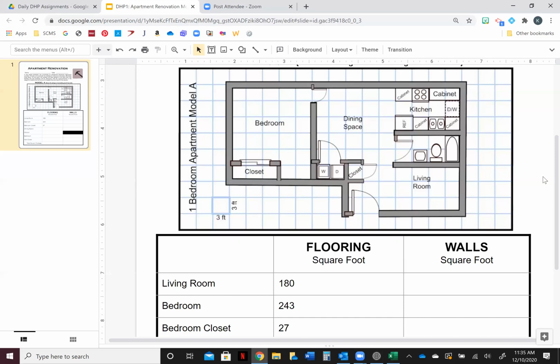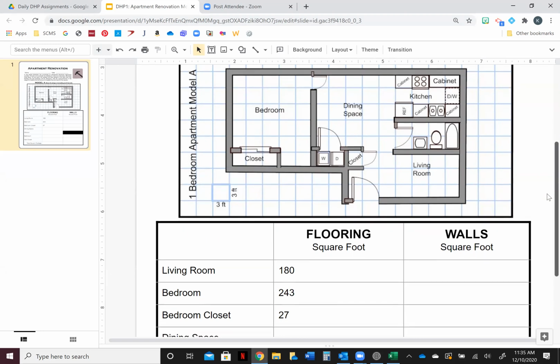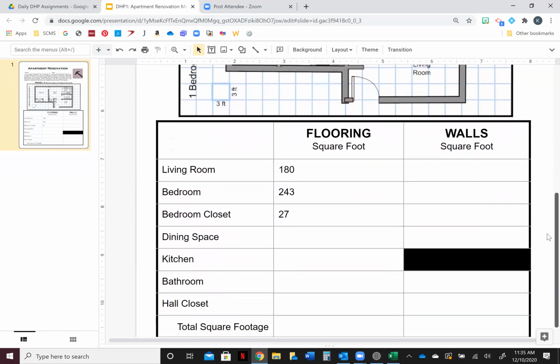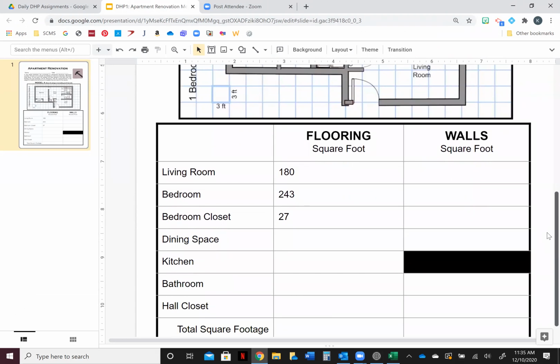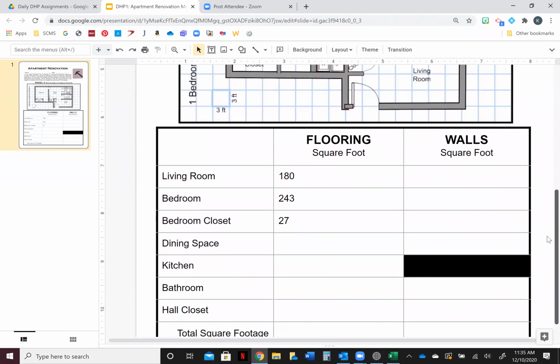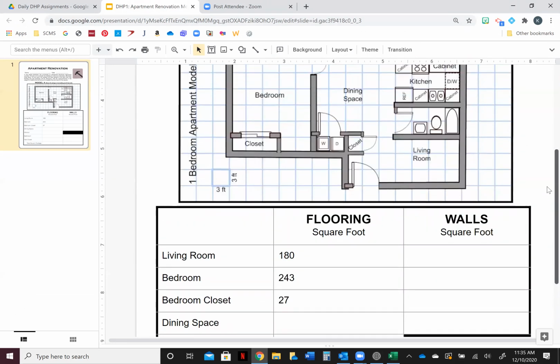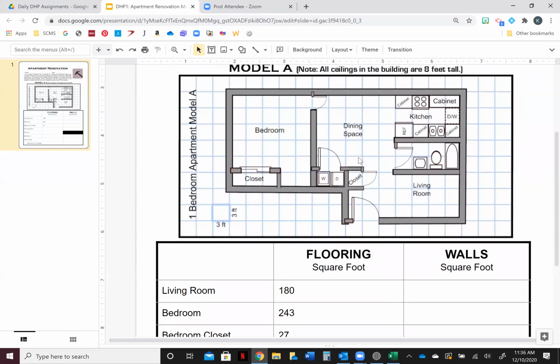Go down on that one a little bit more and make sure that the washer and dryer is something separate. Okay, the washer and dryer is, no, that's the hall closet. Yeah, when I was doing mine, I believe they did not count that, so I'm not sure why they didn't. Do they not put flooring in the thing? I was trying to remember from last year.